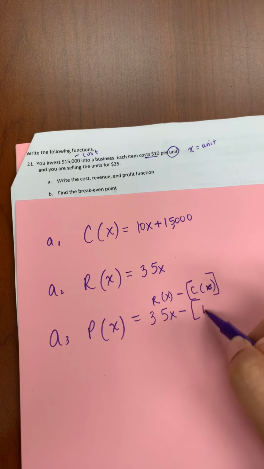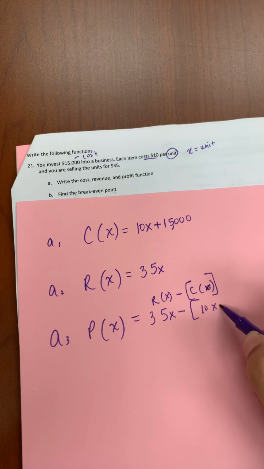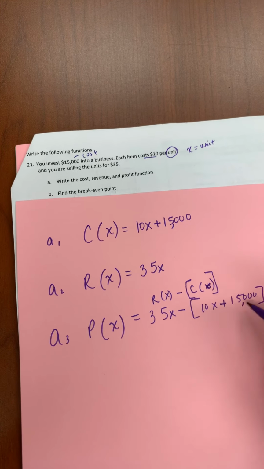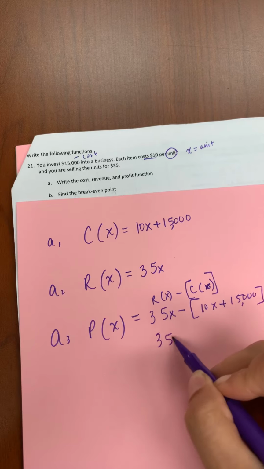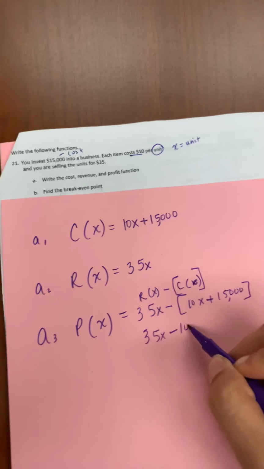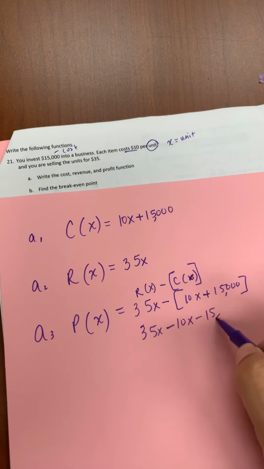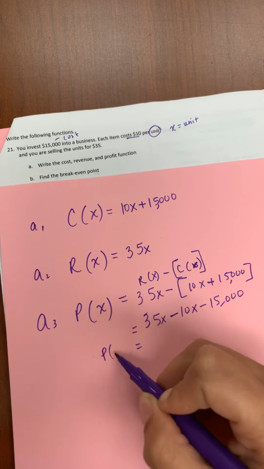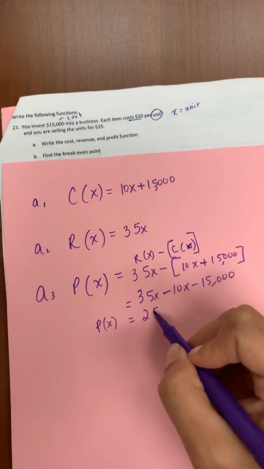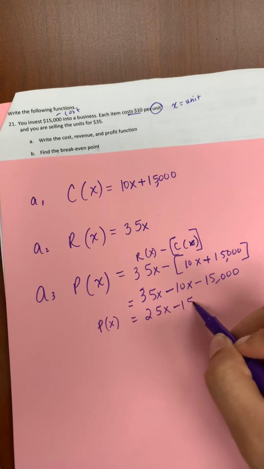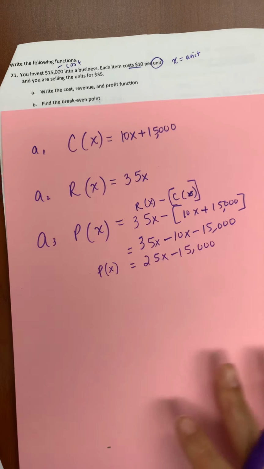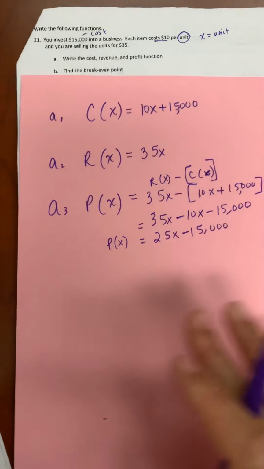So 35x minus the bracket 10x plus 15,000. Now let's simplify: 35x minus 10x minus 15,000. And so we get a profit function of 25x minus 15,000.